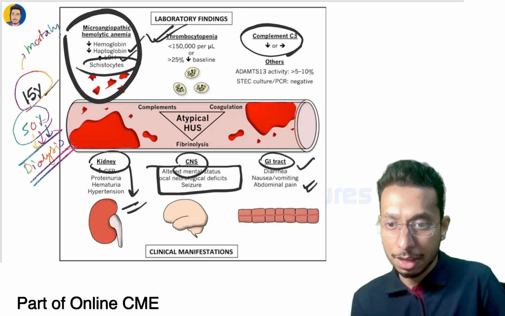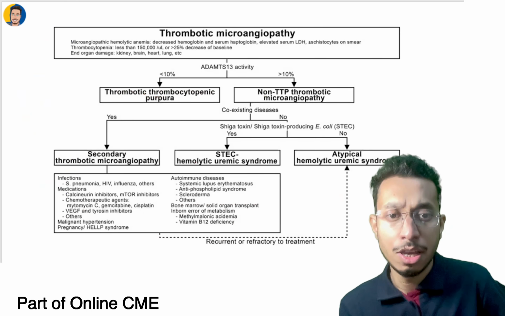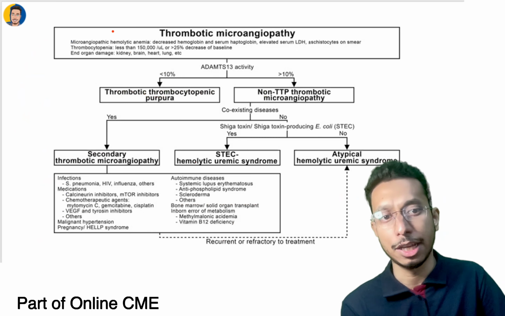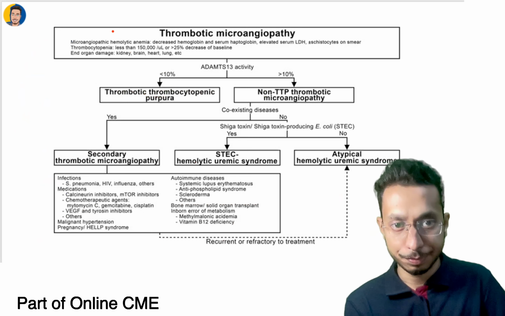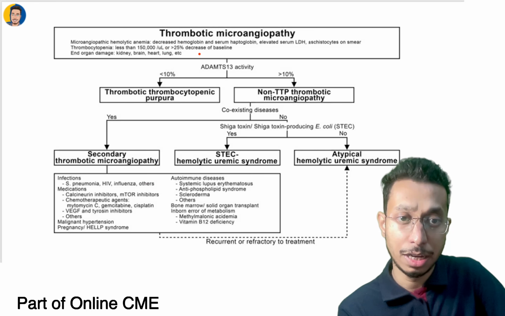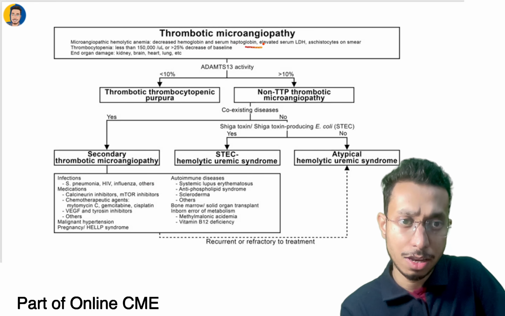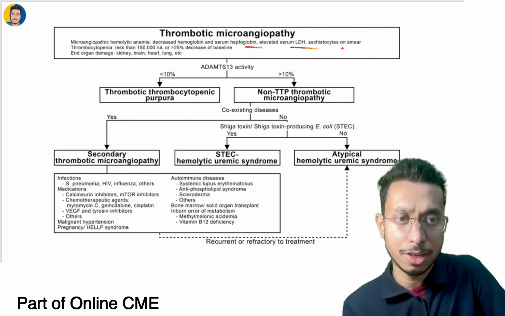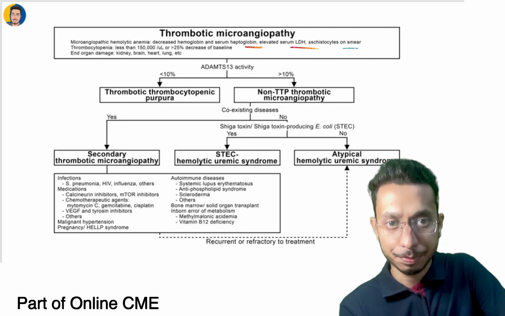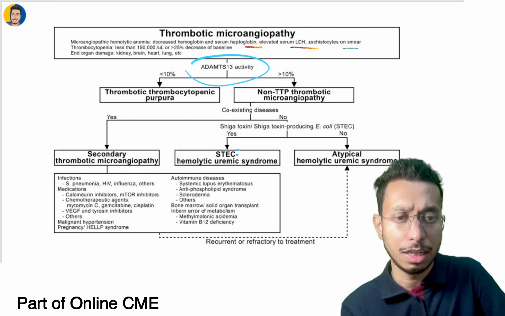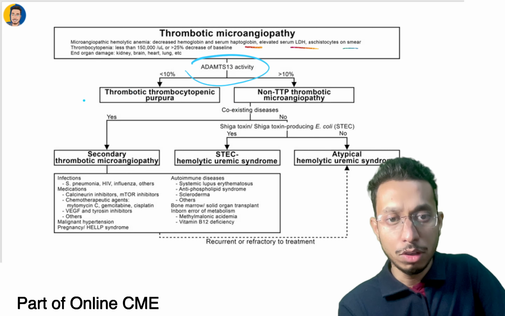Now, how to actually approach this atypical HUS? You need to know when to suspect it. One, there can be microangiopathic hemolytic anemia, that is decreased hemoglobin, decreased serum haptoglobin, elevated serum LDH, and schistocytes on smear. Then check for ADAMTS13 activity. If it is low, there is TTP.